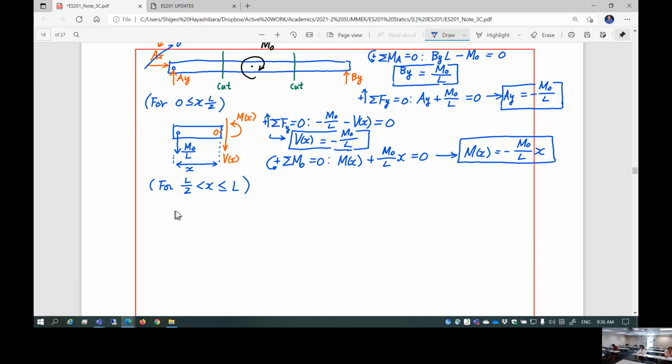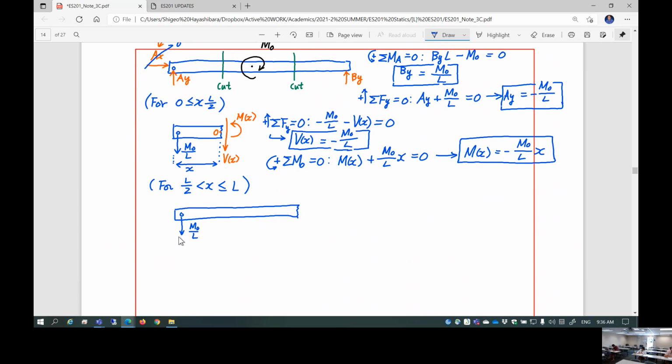So that means I'm going to cut here. So this is once again the same support reaction, AY. This is the support reaction M0 over L, in the negative Y direction.